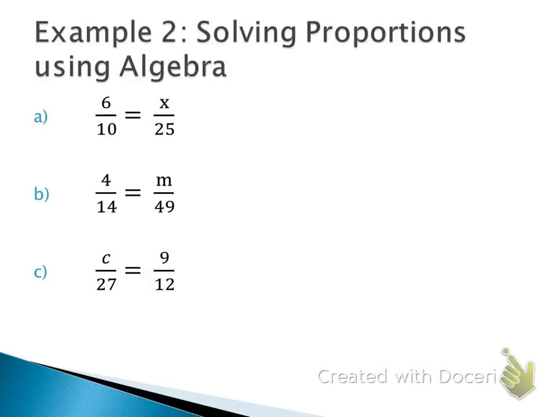I want you to make sure you label this part of your notes solving using algebra, just so you can remember the method that you took notes on for example 2. Now with algebra, we've actually already done this method when we solved equations, because now I'm solving for the side that's connected to my variable. Whatever number is in my denominator, I'm going to multiply both sides by the reciprocal.